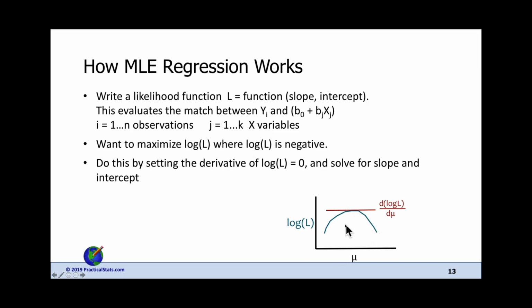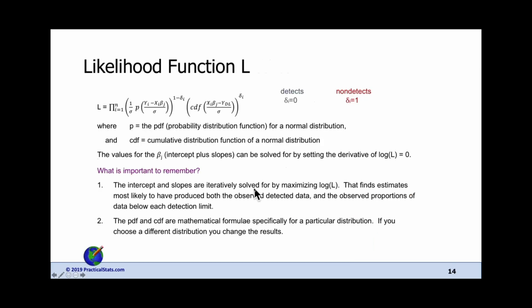That would be the maximum. So we want to find the maximum. These are going to be negative numbers, so the maximum up as close to 0 as I can get for this function, this log likelihood. And that would be the best estimates of intercept and slope. So that's how maximum likelihood works.